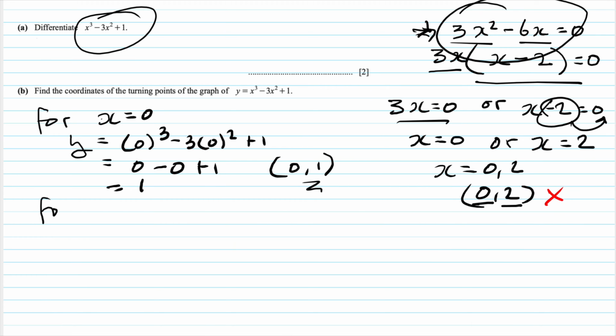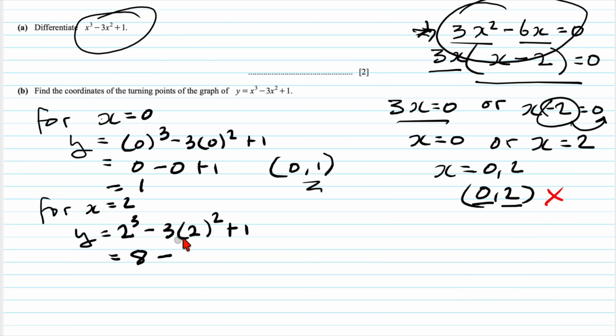Then what about x equal to 2? So for x equal to 2, we have y equal to 2 cubed minus 3 times 2 squared plus 1. So 2 cubed is 8, minus 2 squared is 4.